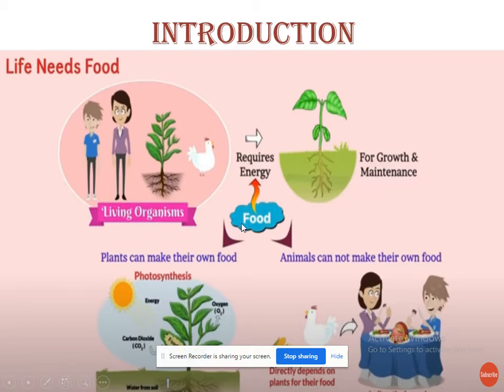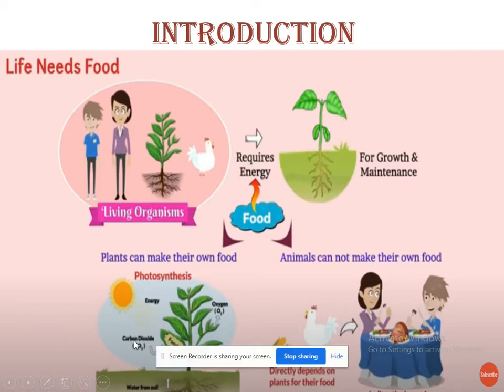So here in this picture you can see that plants can make their own food by the process of photosynthesis. Photosynthesis we have already studied in 7th standard. So what is meant by photosynthesis? Photosynthesis is the process where green plants take energy from the sun, that we call solar energy, carbon dioxide which is present in the atmosphere, and the minerals and water which are present inside the soil.